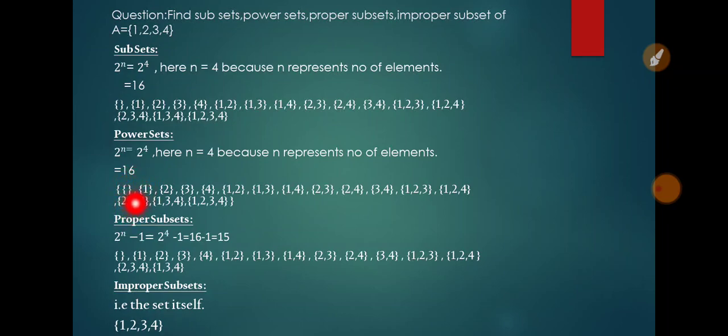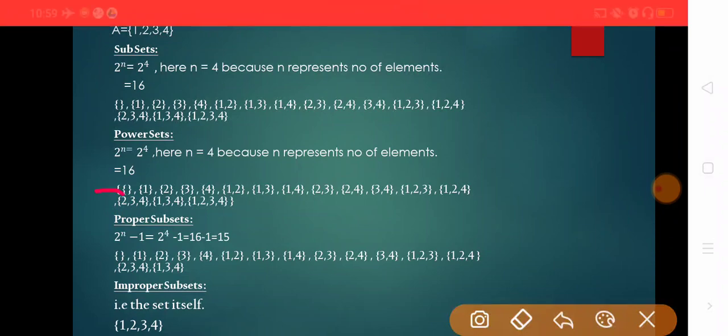These are all the subsets, and we are going to enclose these subsets in a big bracket. See? This one, and this bracket. Okay, this is called the power set, and in the power set all the subsets are there.